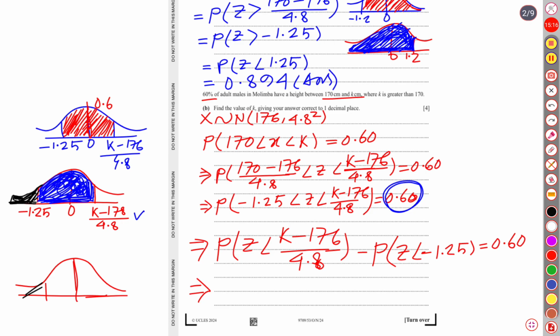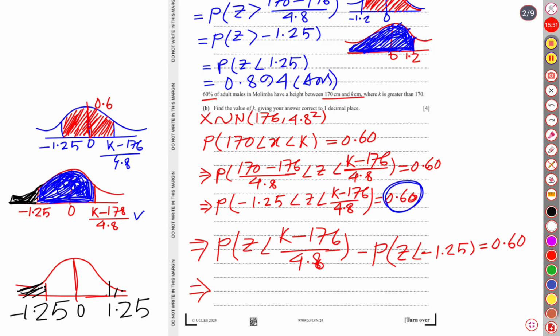So for this, what will we do? We will swap. This is negative 1.25, and here 0. If we swap to the right side, it is 1.25, because you have already come to know that there is no probability given for any negative z-score.